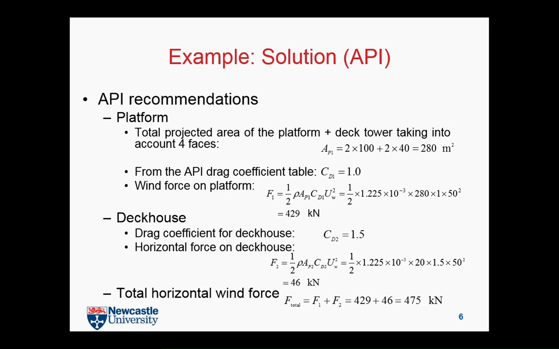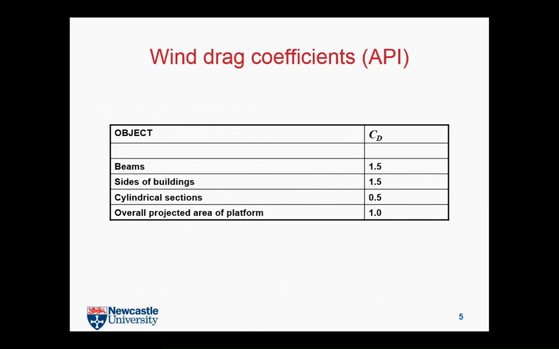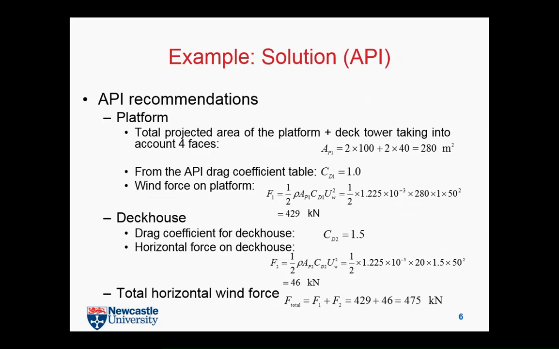For the deck house, we don't use the set area, we just use the area here. But if you go to the coefficient, we use 1.5, okay? And you can see that from here, right?